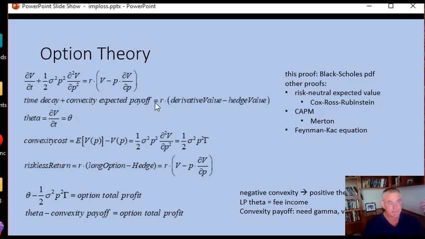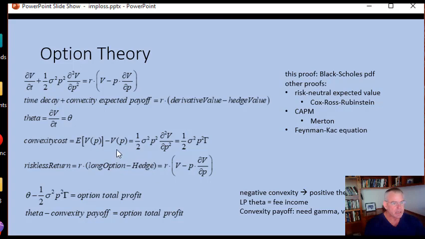So, if you're an option seller, you're short the option, so you want the value of the option to go down. You're going to make money off that. So you're short it. So this negative amount's going to get smaller, which is good. Negative going down means you make money. Now, the convexity expected payoff comes out of the fact that when you have a convex function, the expected value of that is going to be greater than the initial value.